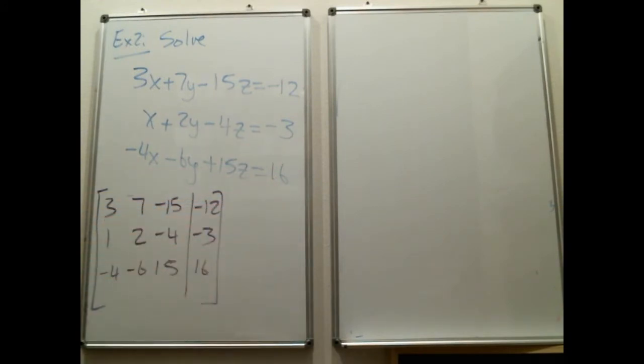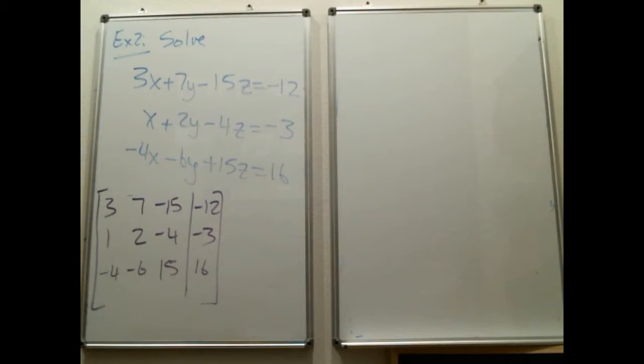I've already told you what the first step is after we set up the matrix, and that is to get 1 in the top left corner. Think about what our end goal is. Our end goal is to get this diagonal of 1s with zeros below it. So our first step is to always make this a 1. Once we make that 1, then we make everything below it 0.